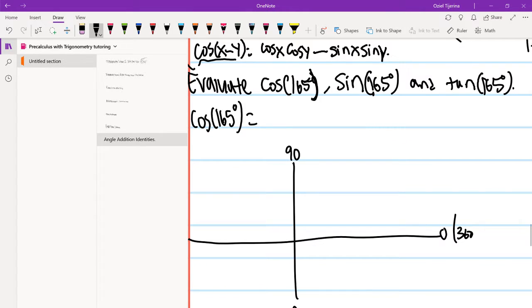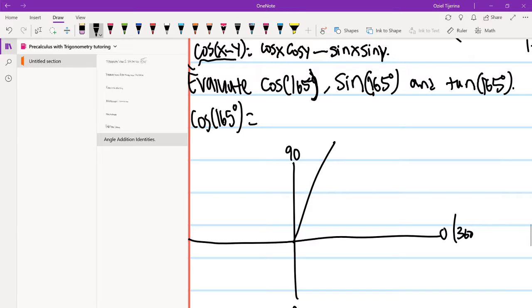So this one would be 60 degrees. This one would be, I think, 45 degrees, and then this one would be 30 degrees. And then you also have 120, and then 135, and then 150, and then 180.